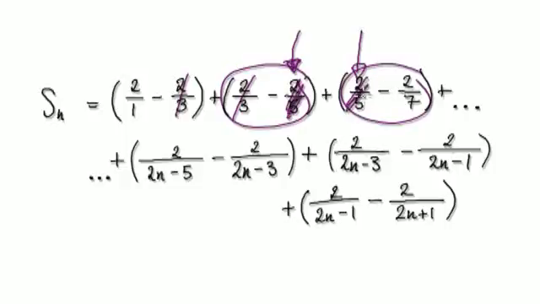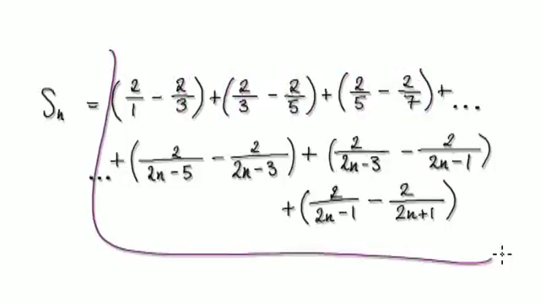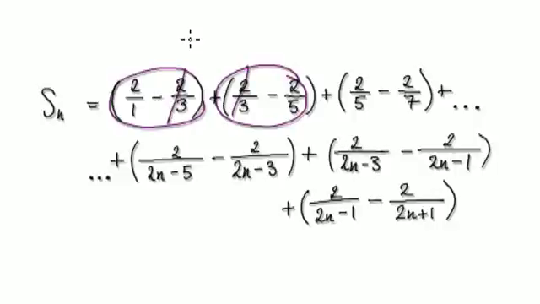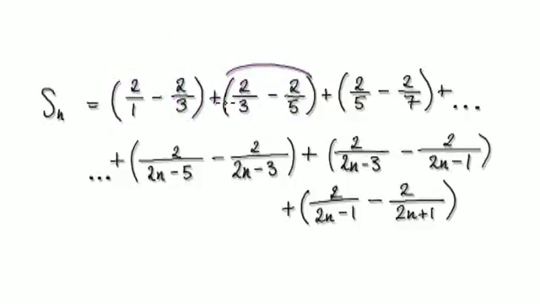So these two will cancel out. So when you get to this stage here, the trick is to recognize the pattern. So compare this. This will cancel out with this. Right hand side of the first cancels out with the left hand side of the second.